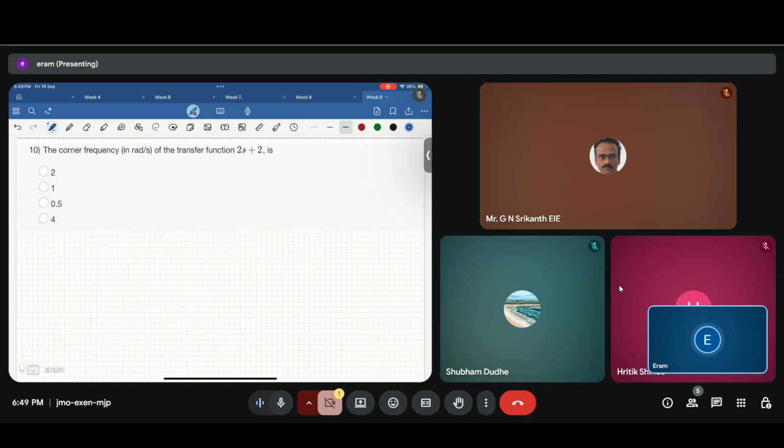What is the corner frequency of this transfer function? Again, we have to write it in standard form and then calculate 1 by T, because this is also a first order transfer function.